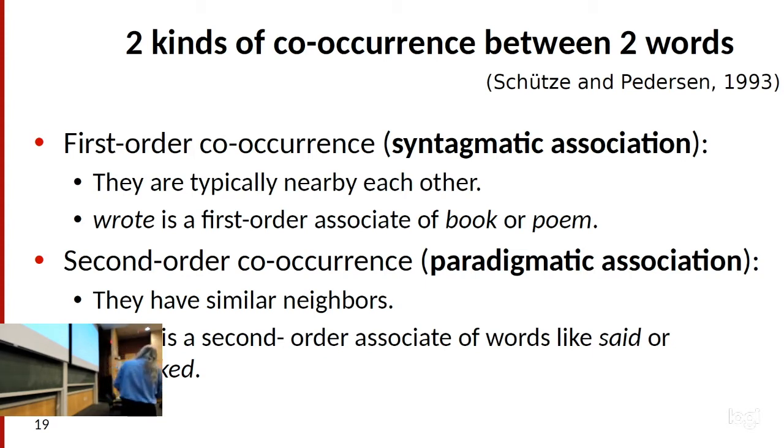The second order is not about X being near Y, but what other words are near Y, what other words appear near book or poem, and we might find that words like wrote and remarked are nearby, because the arguments that go with wrote and remark, say opinion, are more likely. So we can talk about what the relationship is, or whether the contexts are similar.